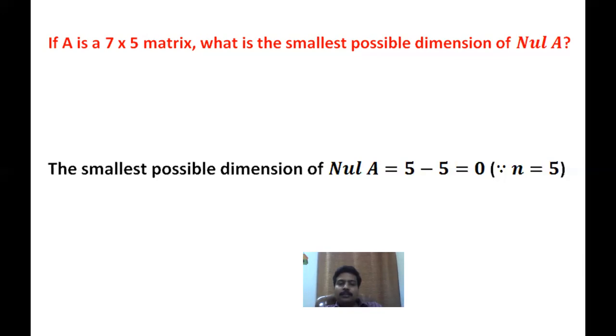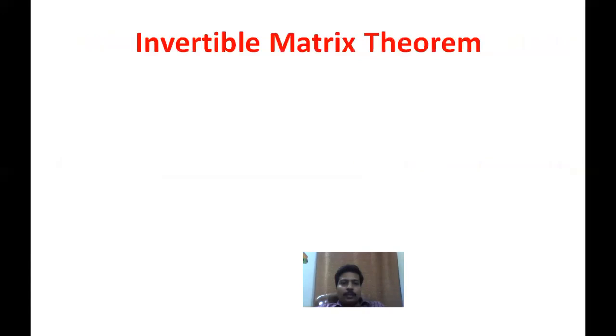But the case where there is only the 0 vector in null space A is also possible for a 7 by 5 matrix. It depends on the entries of the given matrix, of course. So these are the concepts related to some of the problems related to the rank theorem.